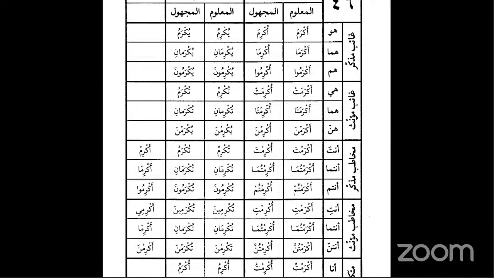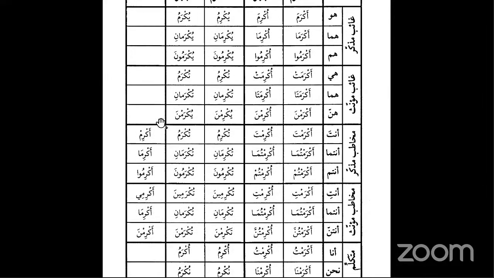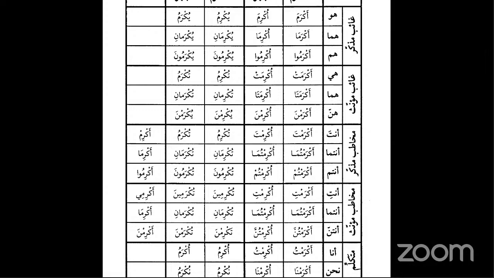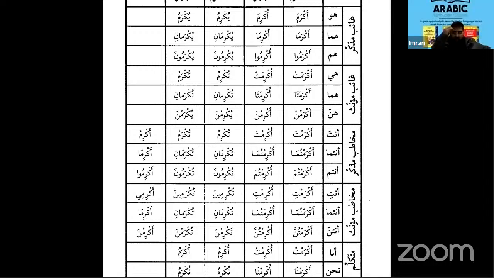Anti tukrimina, antuma tukrimani, antunna tukrimna. Ana ukrimu, nahnu nukrimu. Excellent, brilliant, thank you. Is that clear? Have you done these before? Yes, I have done quite many of them. Okay, that's fine.